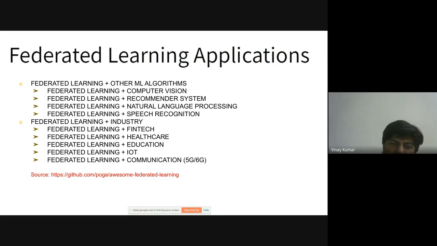So we can use federated learning in fintech. Okay, so here, healthcare, then education, IoT, communication. So fintech, you all very well know. Fintech is an amalgamation of finance and technology, and it refers to any business that uses technology to enhance or automate financial services and processes, right.